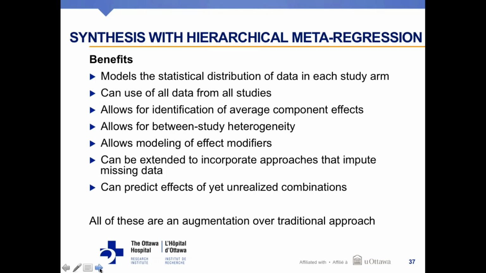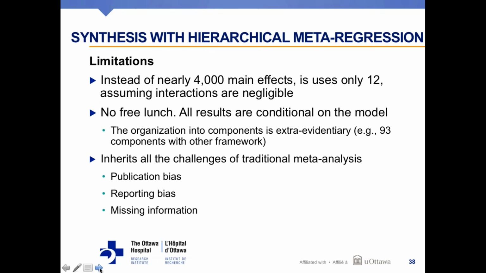And all of these are an augmentation over the traditional approach. The limitations, however: we have potentially 4,000 main effects that could be assessed through multiple meta-analyses or a network meta-analysis, and our regression uses only 12. We're estimating only 12 parameters, and we're assuming that those interactions are negligible.